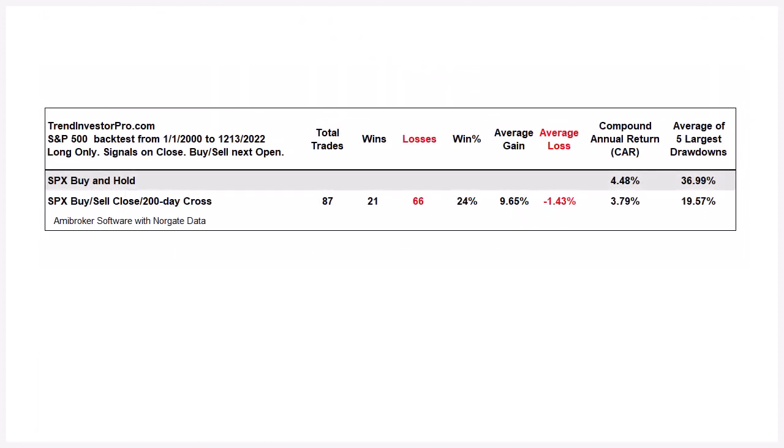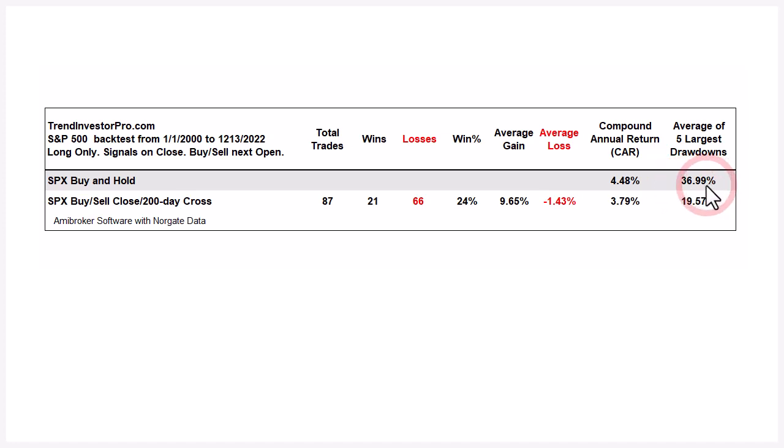So let's look at the backtest numbers here. First, we've got buy and hold just for reference. If you bought the S&P 500 on January 1st, 2000 and held it until December 13th, you'd have a compound annual return of 4.5%, which is okay. It's not great. But you see the largest drawdowns, the 5 largest drawdowns, 37% is the average of the 5 largest drawdowns.